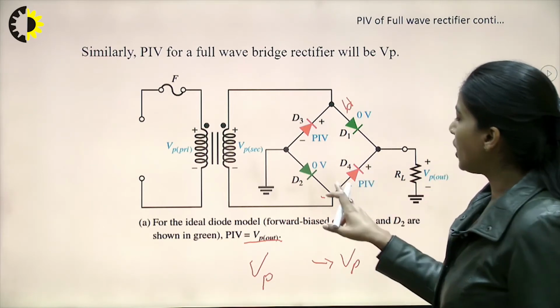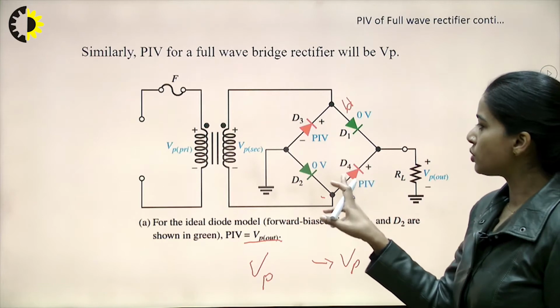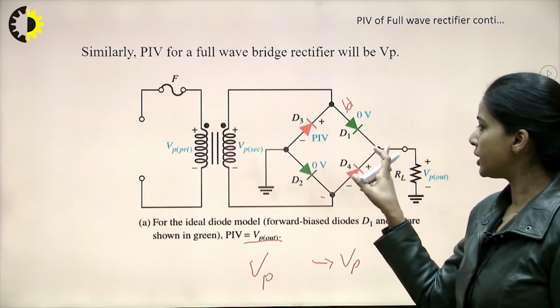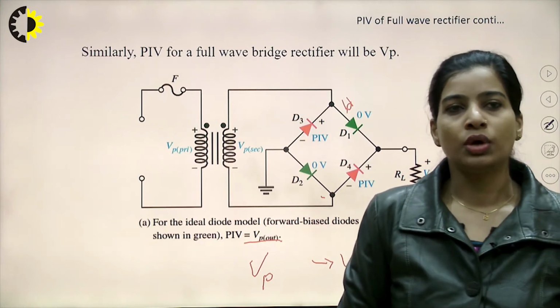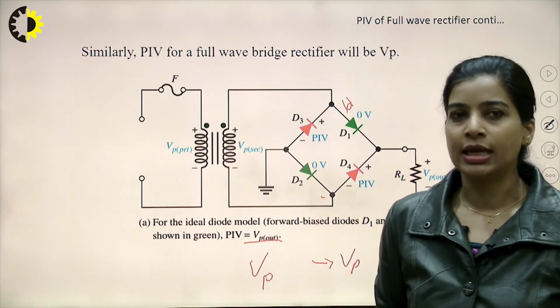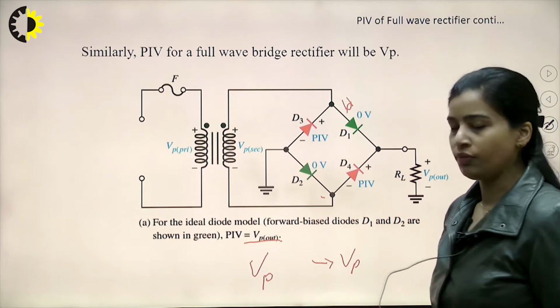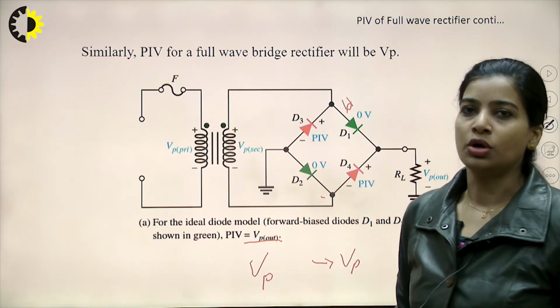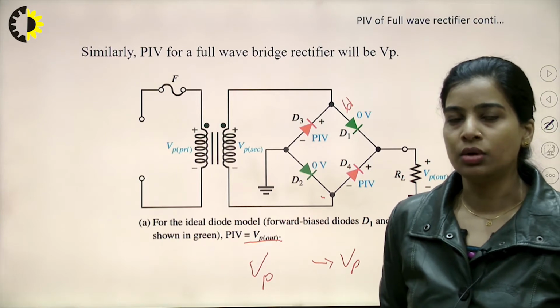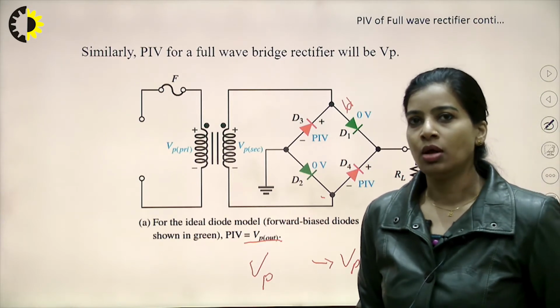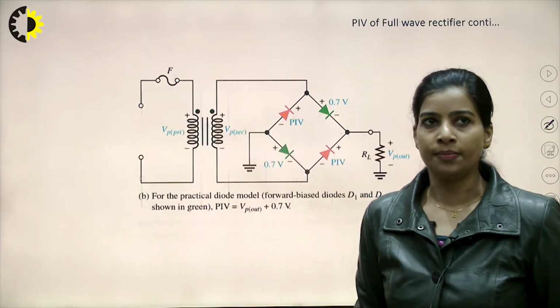So PIV will appear across these 2 diodes, and the voltage appearing across them is Vp. So the maximum peak inverse voltage for the bridge rectifier is Vp, and in case of the center tap rectifier we should have a diode with PIV of 2 Vp.